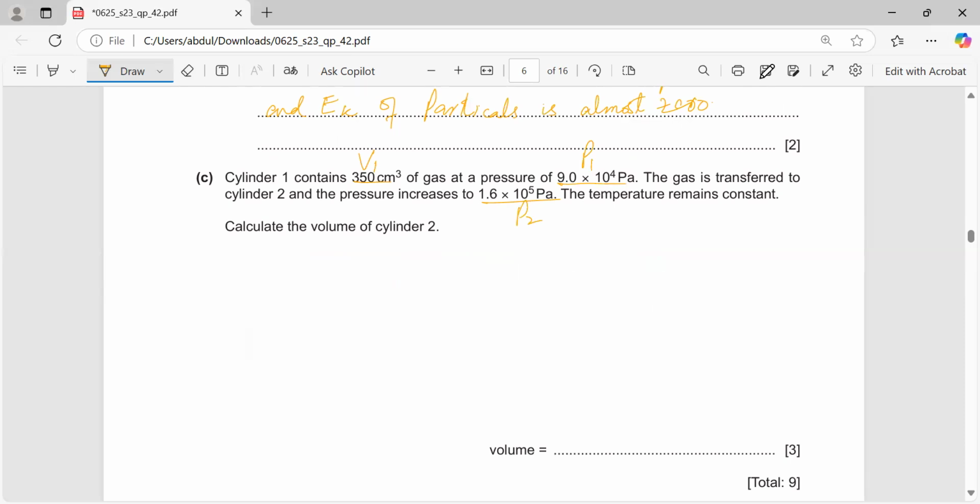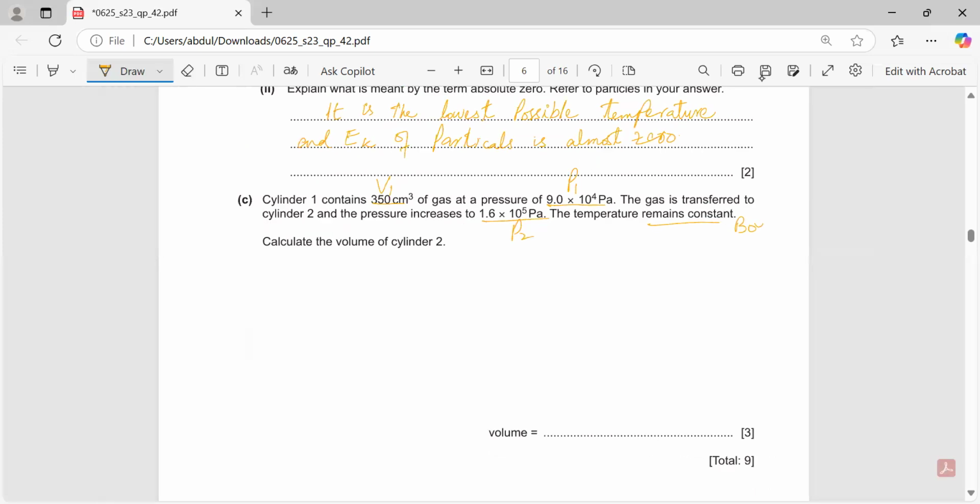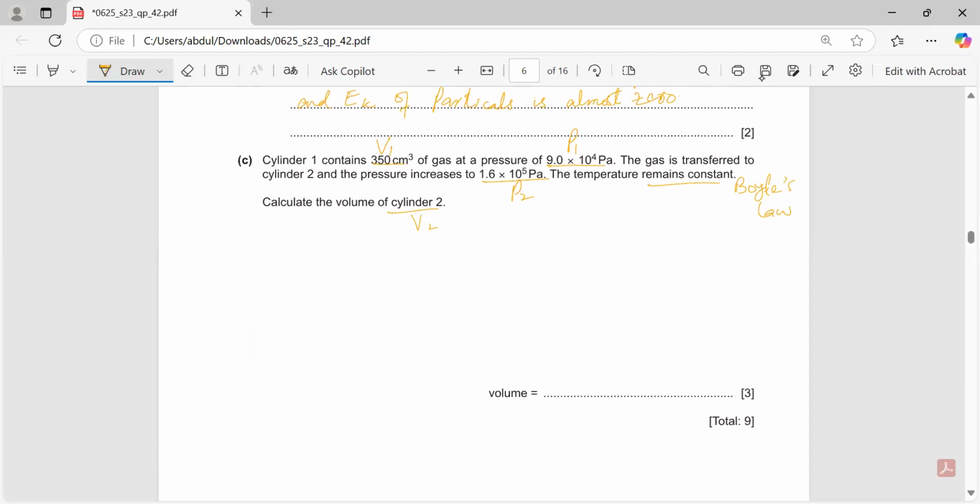The temperature remains constant, so it means Boyle's law is in action. Calculate the volume of cylinder 2. So simply P1 V1 is equal to P2 V2. Make V2 the subject of the equation, so P1 V1 over P2.